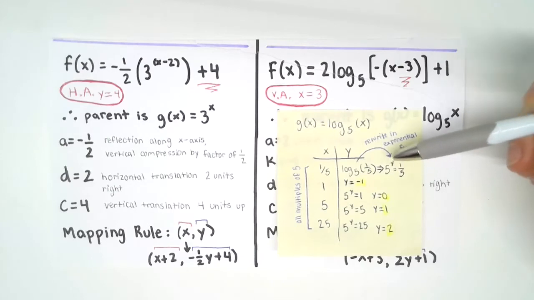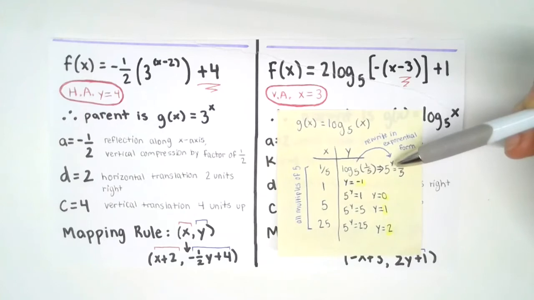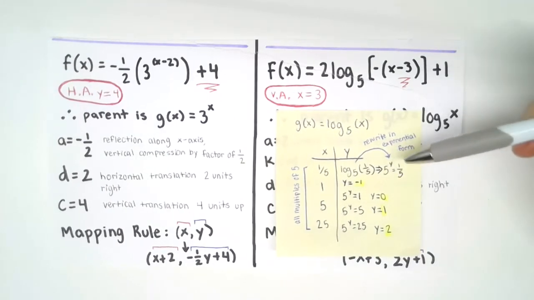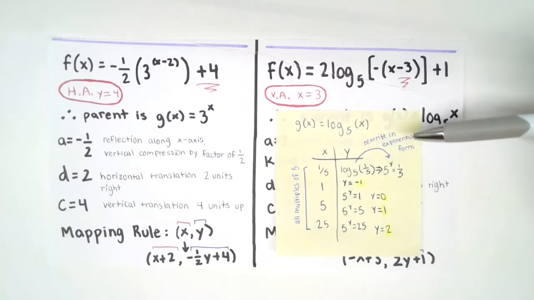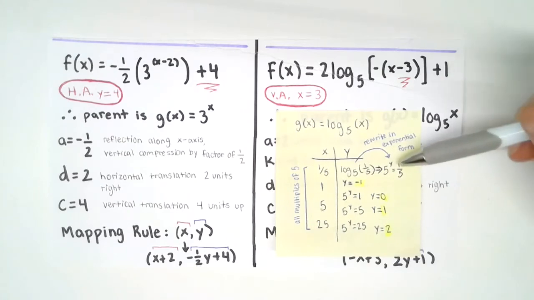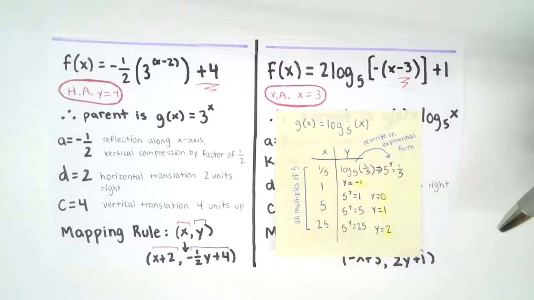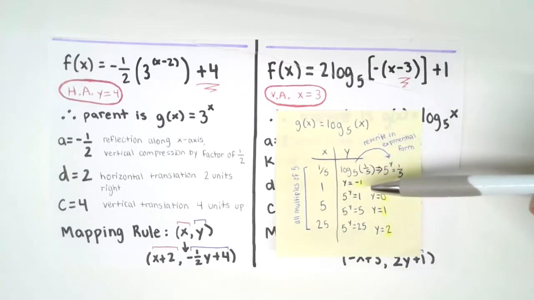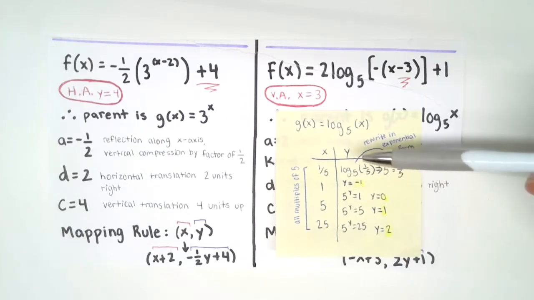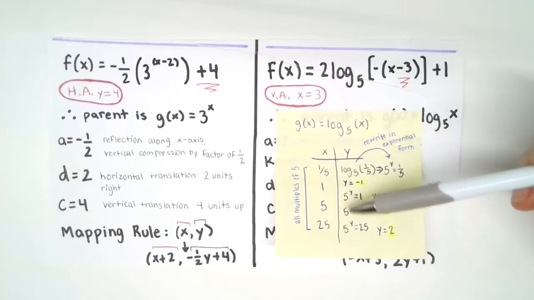So we know that the base of this function is 5, so then it becomes the base of the exponential function, or the base of the power, whatever you want to call it. So that's 5, and then we don't know what the exponent is, but that equals 1/5. So then we know that the y value is going to be -1. We can apply the same principle.